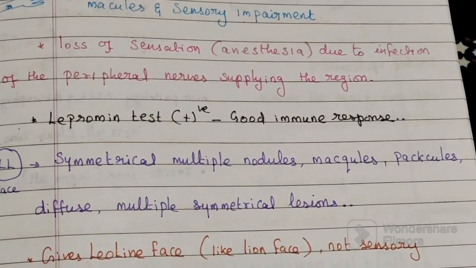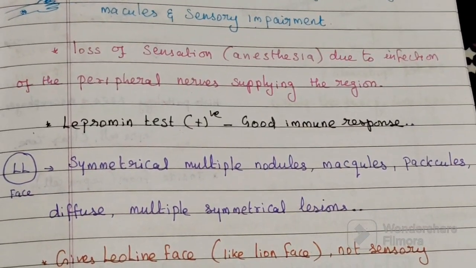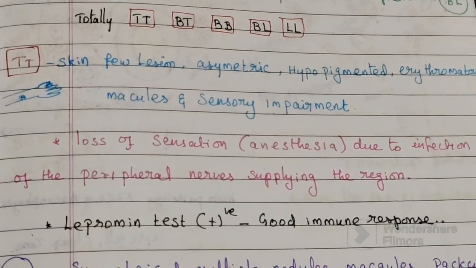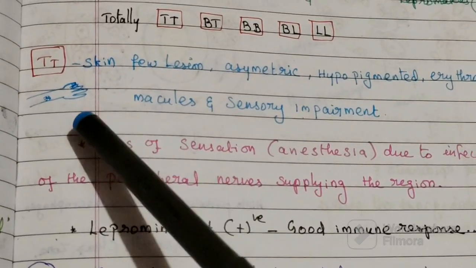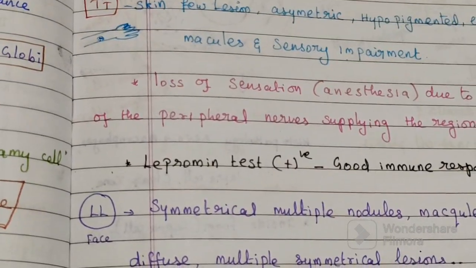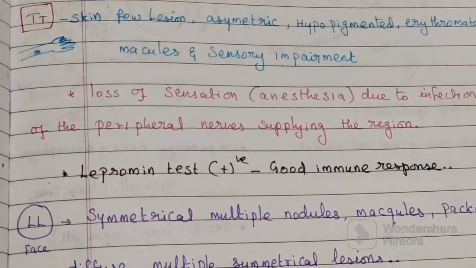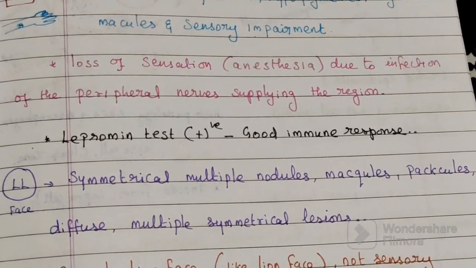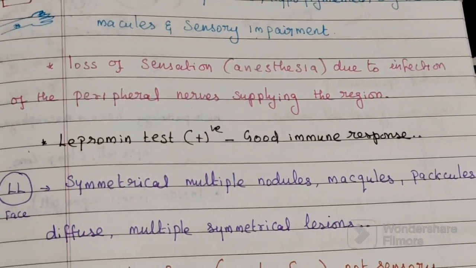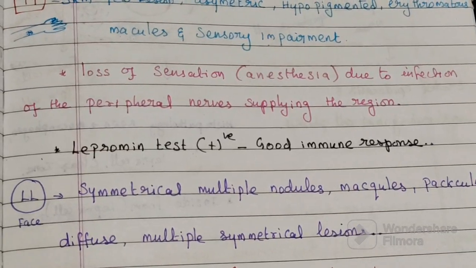In lepromatous leprosy there is no sensory impairment; here we can feel sensation. In tuberculoid leprosy, if you prick, there is no sensation.